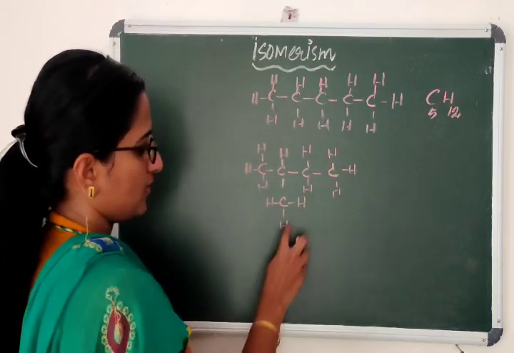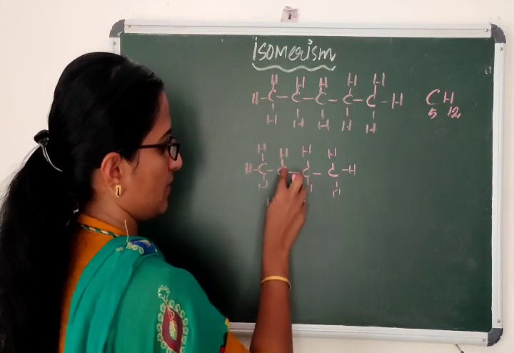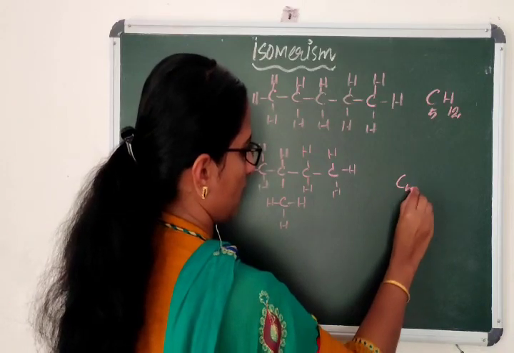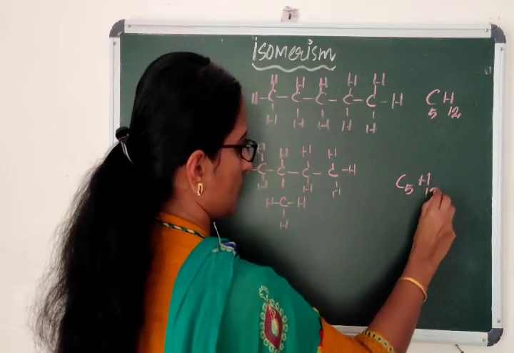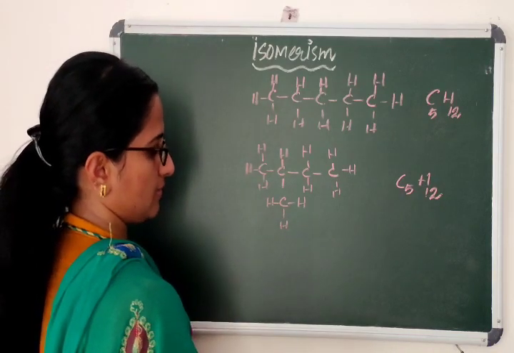Count the number of carbon and hydrogen. 3 plus 3, 6. 6 plus 2, 8. 8 plus 3, 11. 11 plus 1, 12. So C5H12. This is also the same pentane itself.